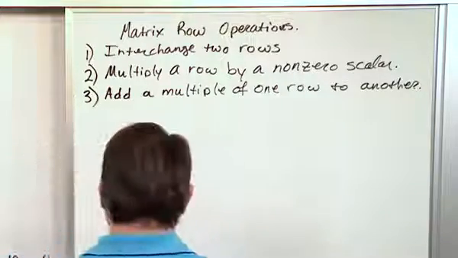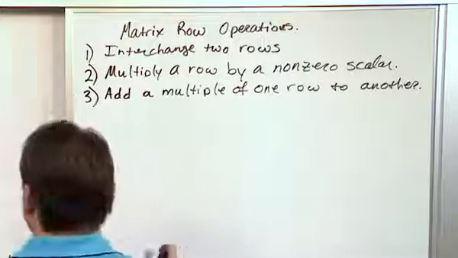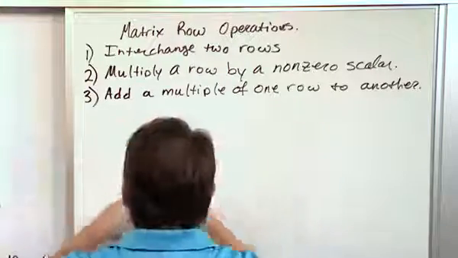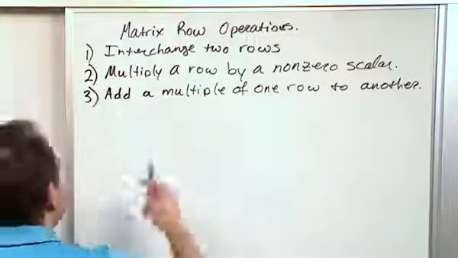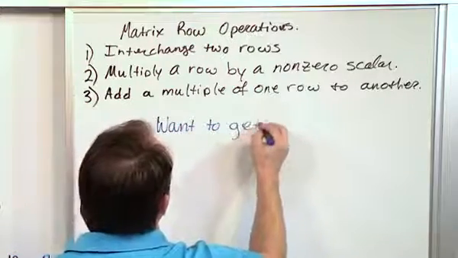So what we want to do, first of all, is take this augmented matrix, the one down here with the dashed line, and do these row operations to get the following thing.